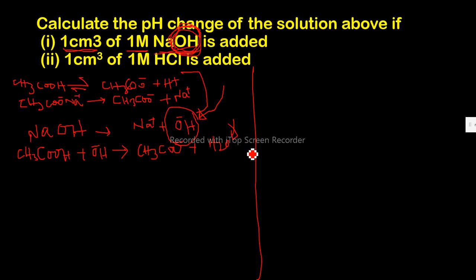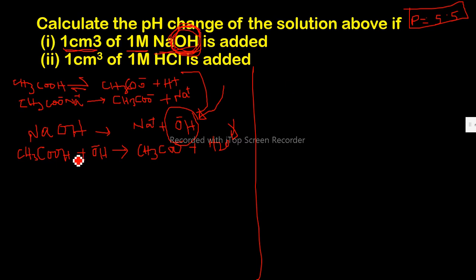But now the question wants us to calculate the change in pH. Remember the overall pH was 5.5. Don't forget that. So we want to see how the change is going to be.